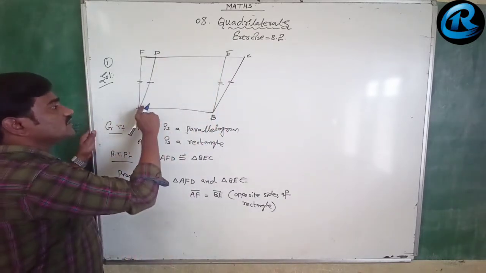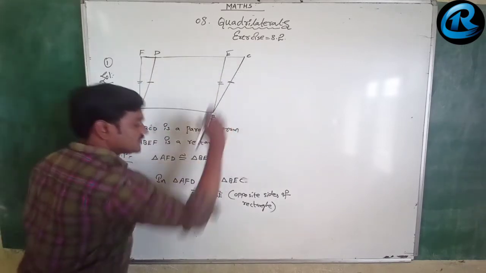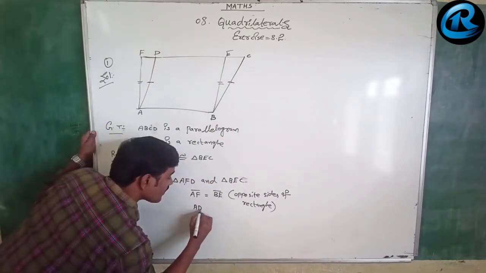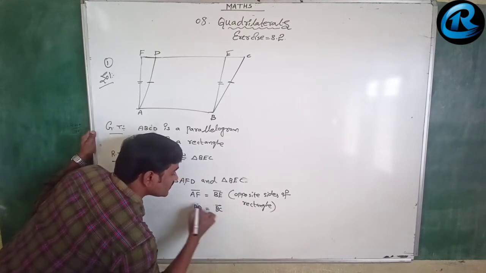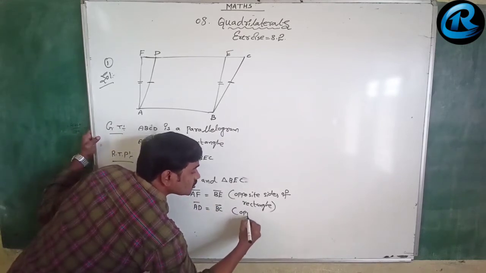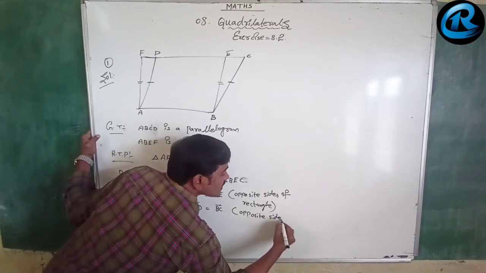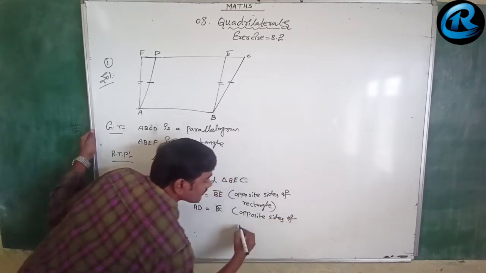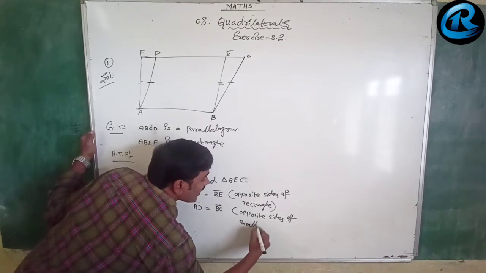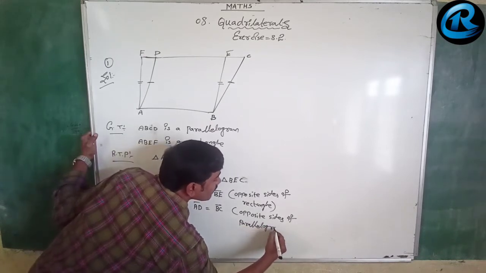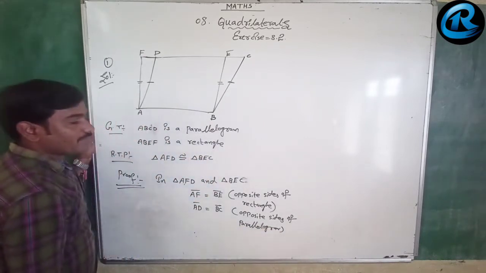Then also AD is equal to BC. How can you say this? Because these two are opposite sides of a parallelogram.